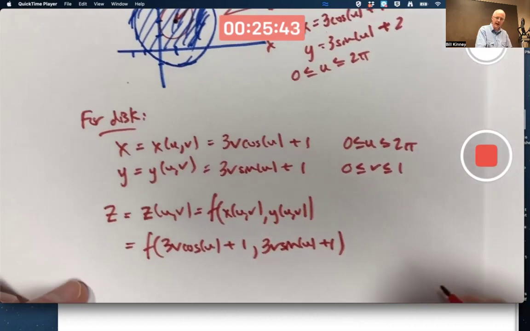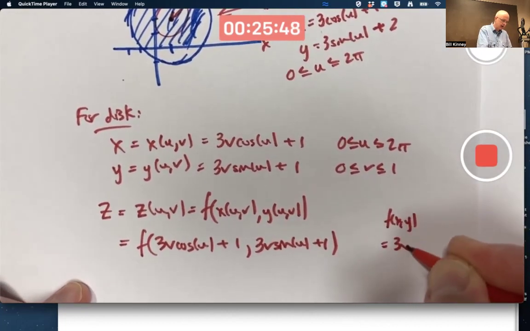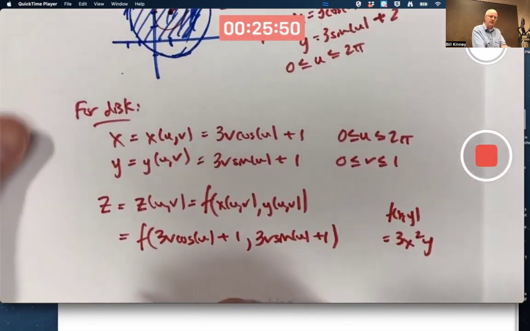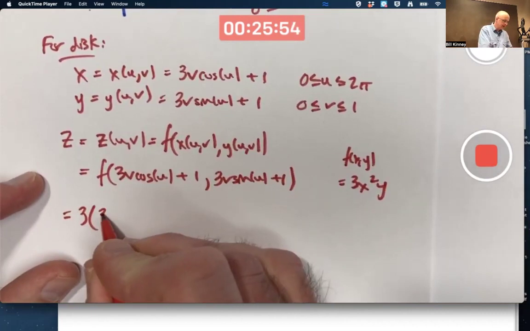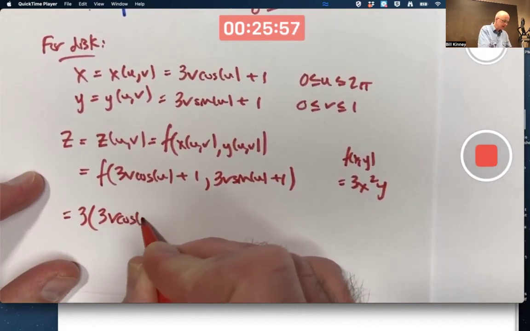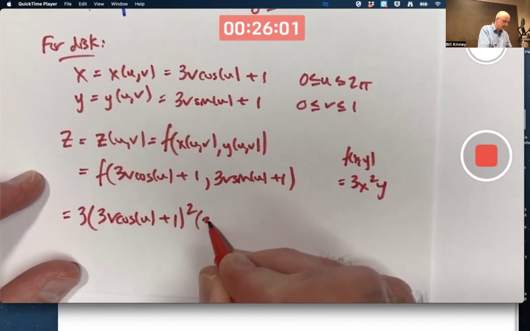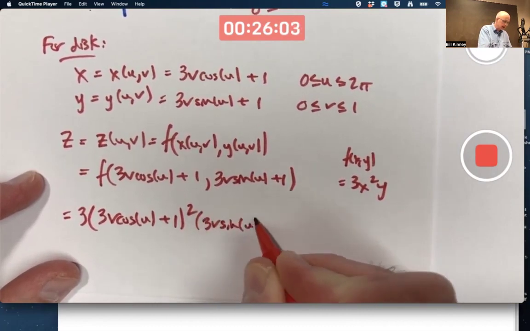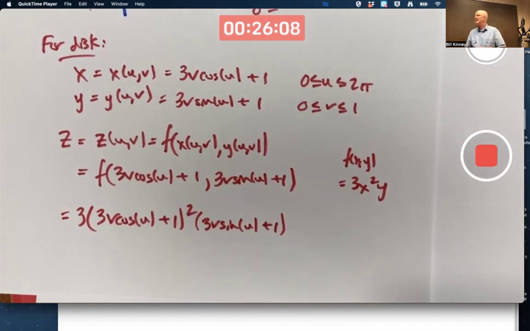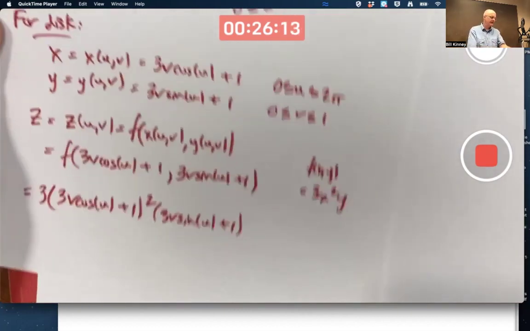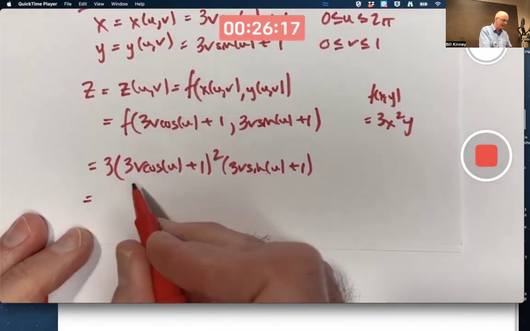Now, what was the formula for F? The formula for F of xy was 3x squared times y. So if I'm going to do this by hand, I'd have to do 3 times the x, squared, times the y. I'd have to expand all this, and that would take a few minutes by hand. I'll get it started. I will FOIL that and multiply it by itself.